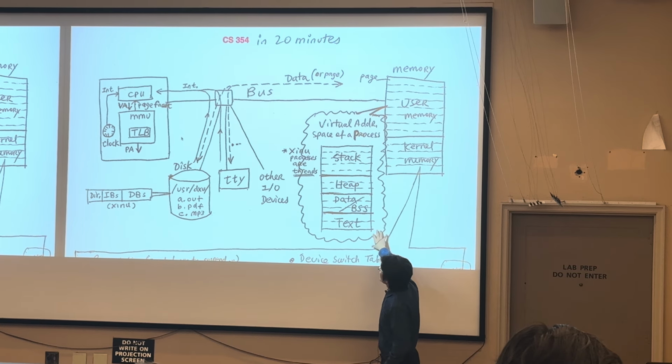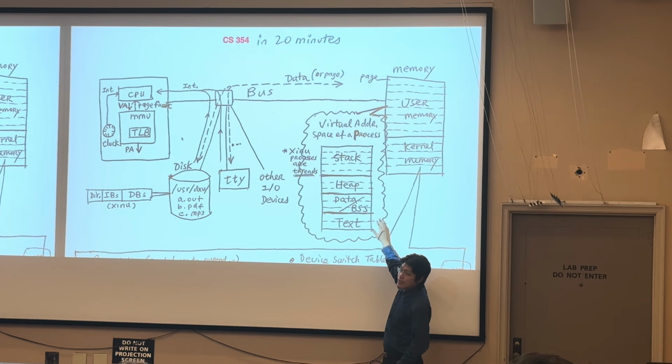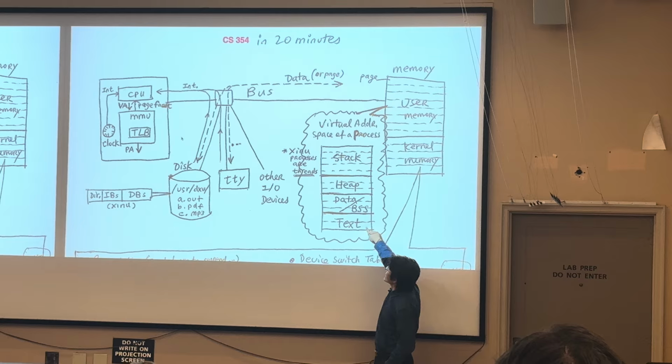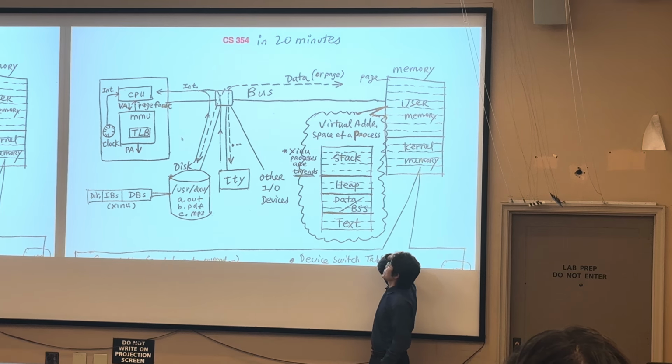And we learned that this is the structure of the virtual address space of a program. In Xenu, we already see the example. You have text, you have a data BSS section, you have heap, and you have stack. In Xenu, this is exactly what you see.